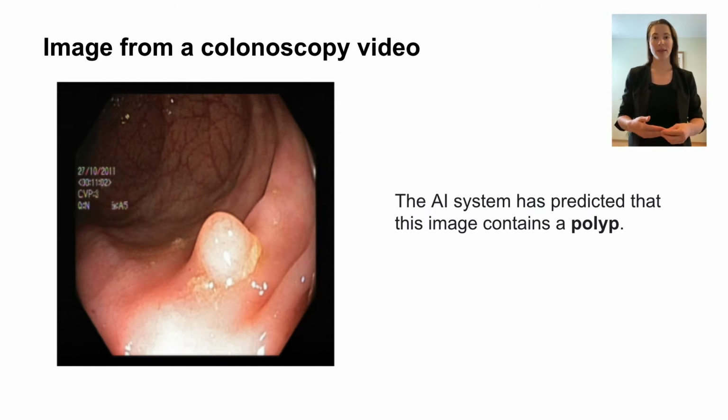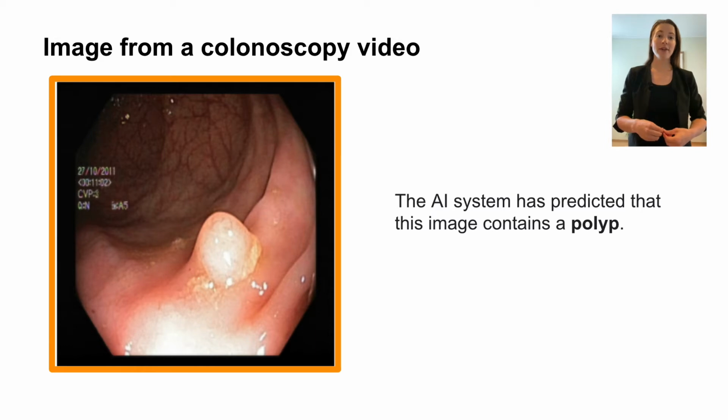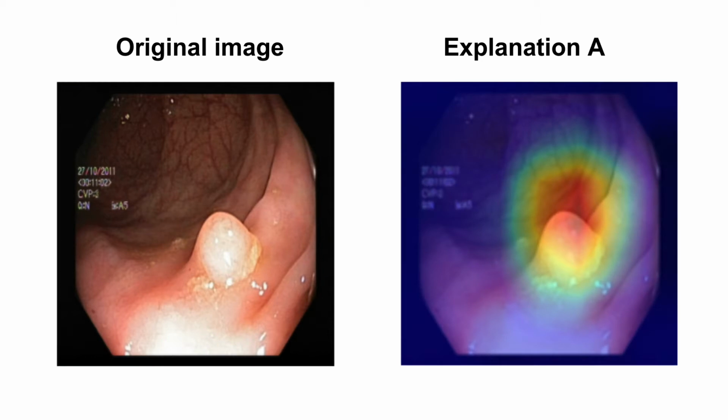To this end, we will now show you two different explanation methods for several different colonoscopy images and ask you to rate them. Here is an example image where the AI system has detected a polyp. The first explanation method is a heat map on top of the original image, showing which parts of the image caught the AI system's attention. Here, red regions are considered most important by the AI system.